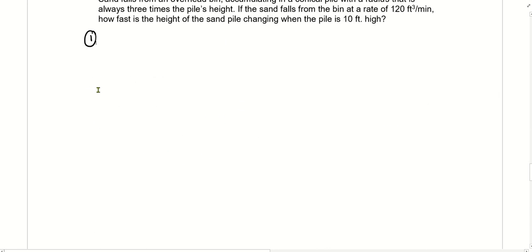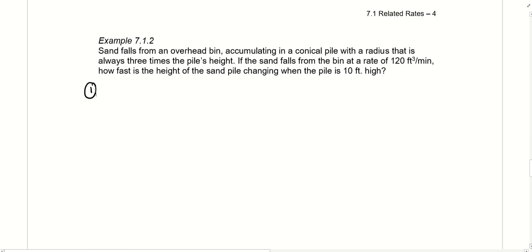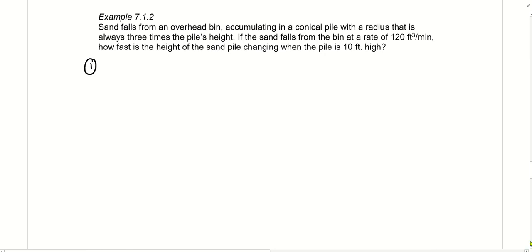Okay, so let's see. Scroll back up here a little bit so we can see the problem. Sand is falling from an overhead bin, accumulating in a conical pile with a radius that is always 3 times the pile's height. So we have some sort of cone shape. Maybe something like this. So there's the cone of sand. Let's say we have some overhead bin here and the sand is falling down from there.